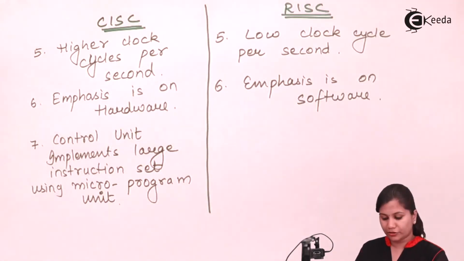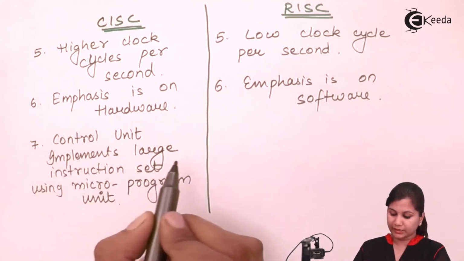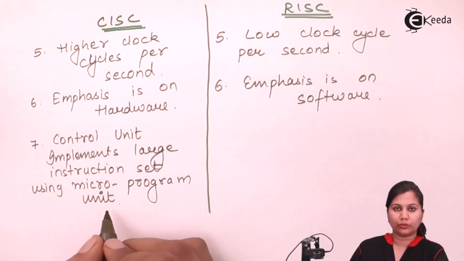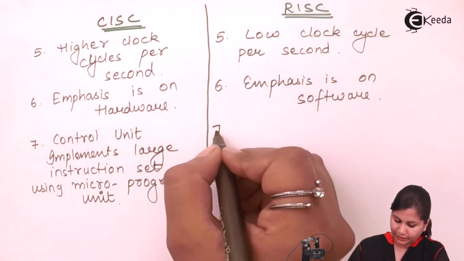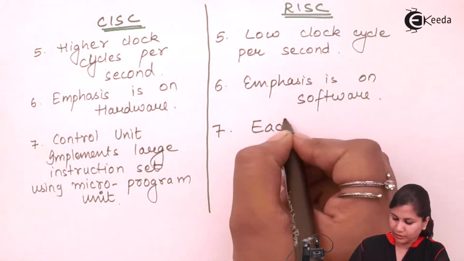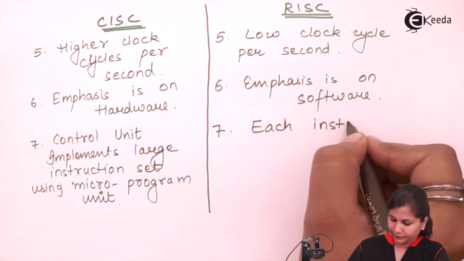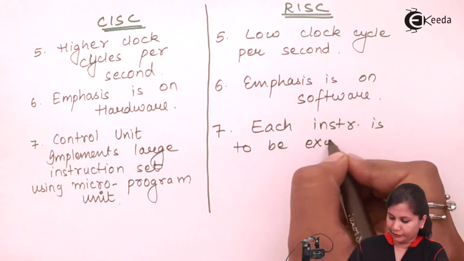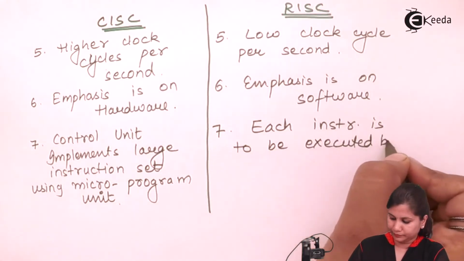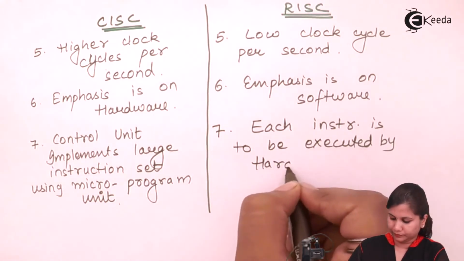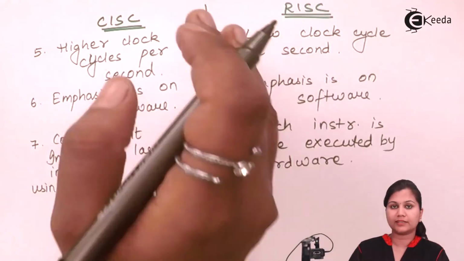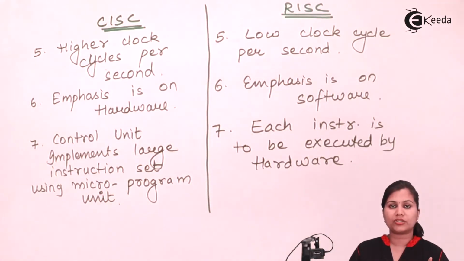In the CISC architecture, the control unit implements the large instruction set using the microprogram unit. Whereas in the RISC architecture, each instruction is executed by hardware.